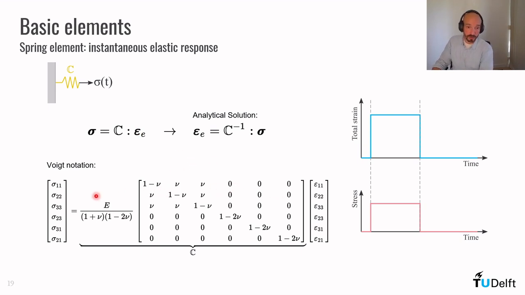And this is the Voigt representation of the fourth order stiffness tensor for the specific case of an isotropic material. For an isotropic material, we only need two elastic constants, the Poisson's ratio, mu, and E, the Young's modulus.